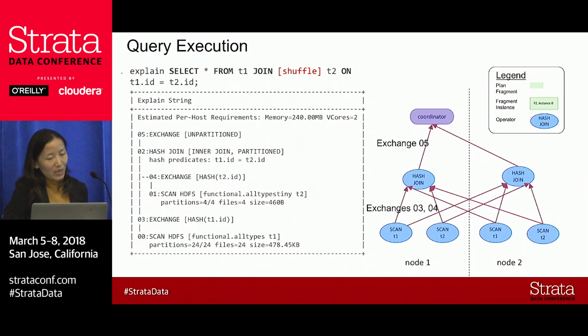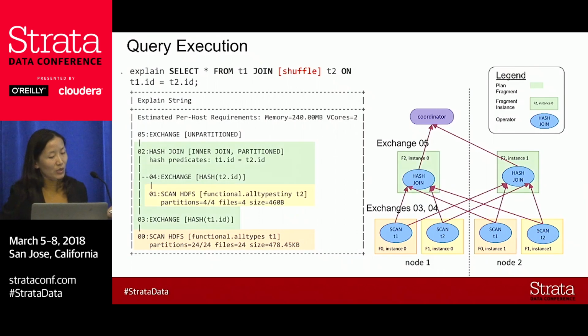So let's talk more about the query execution. This is a simple two-table join query, and we added a hint to indicate that we want to use a shuffle join. You can see the basic two-table scan part, and then there's this hash join part that maps to the tree.